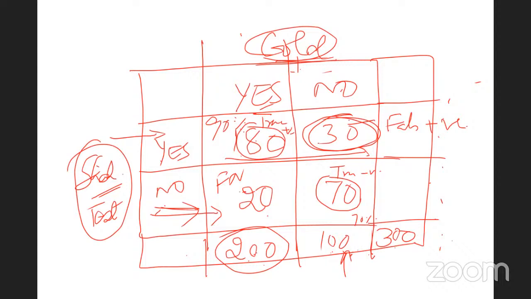Specificity and false positive add up to 100%. That's why we say that if specificity is more, false positives will be less. If sensitivity is more, false negatives will be less. This is how we understand it. And if you look at the video once or twice, it will be very clear. You will never forget.